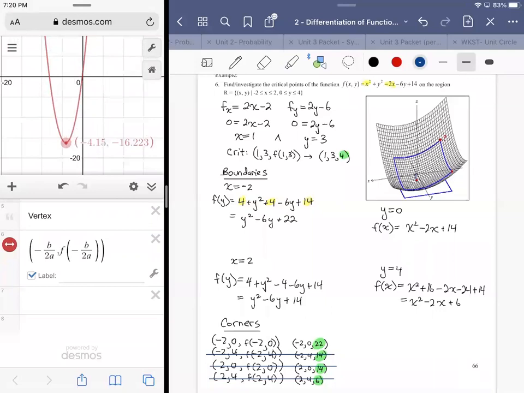And it'll label the vertex for you, which is great, right on the graph.